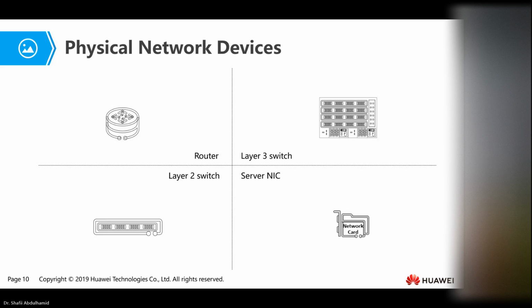Excellent. Layer 3 switch basically connects you to the router, and layer 2 switch is just a normal switch that works within a local environment, basically.